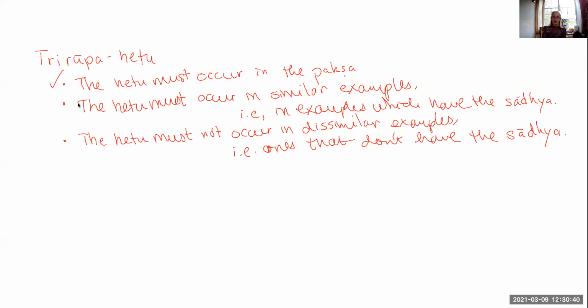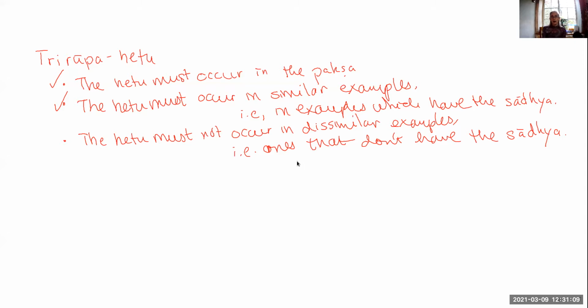The second characteristic, that it must occur in similar examples, we've actually seen already incorporated into some of the examples we've looked at. For instance, when I say that sound is non-eternal because it is produced by effort, like a pot. So there is a positive example where both the hetu and the sadhya occur together. We have something that is both non-eternal and produced by effort.